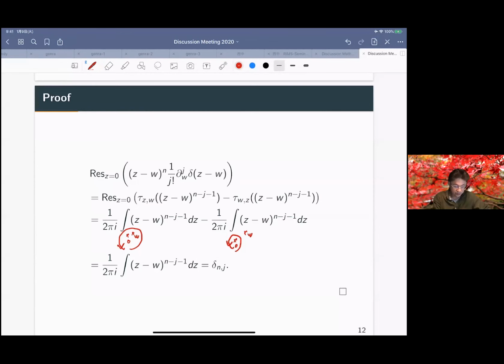So the difference is just a contour around w. So you get the delta n minus j. In computational vertex algebra, we use this kind of trick frequently.